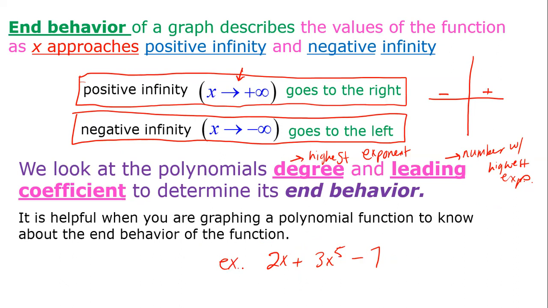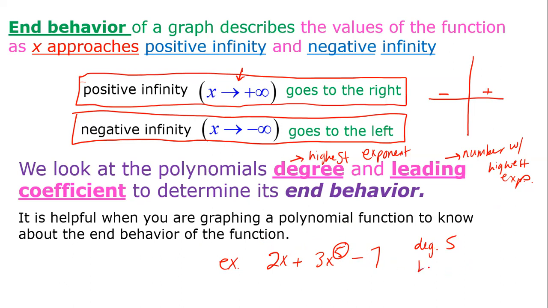So for example, if we had 2x plus 3x to the fifth minus 7, what is the degree of this? 5, because it's a fifth degree, because what is my highest exponent? 5, right? Okay, just make sure we're all there.